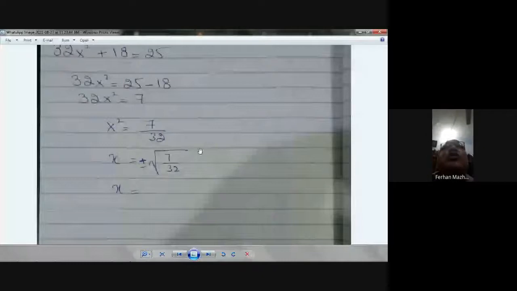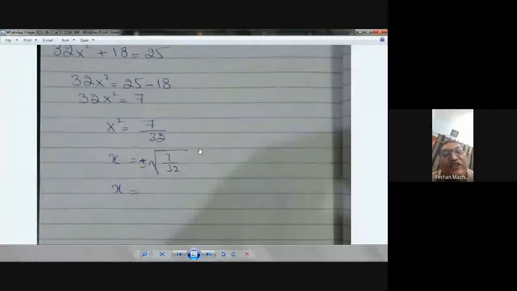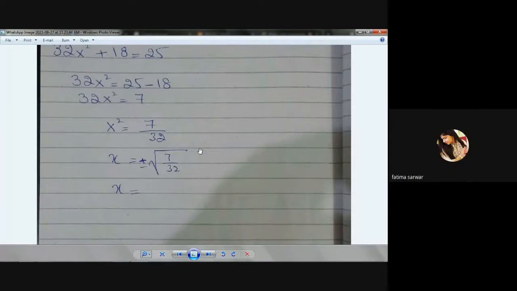So kindly note down how you will write this in your calculator. There are two methods. The first method is square root, bracket start, 7 divide 32, bracket close, equals. It gives 0.467, and there will be a positive and a negative sign with it.